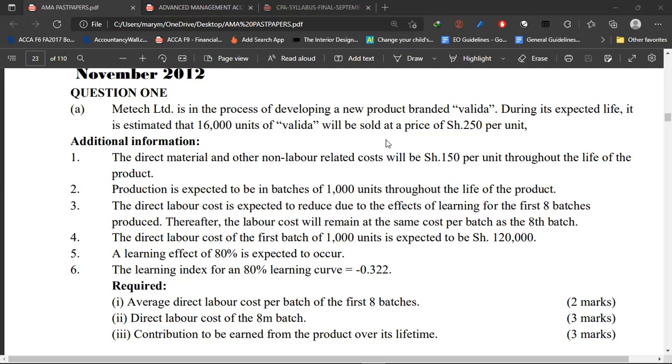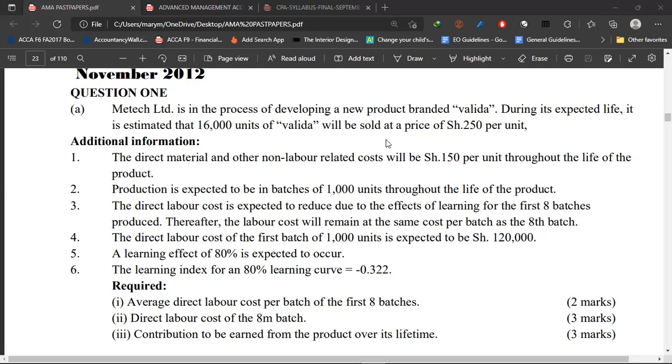The direct labor cost is expected to reduce due to the effects of learning for the first 8 batches produced. Thereafter, the labor cost will remain the same, at the same cost per batch as the 8th batch. The direct labor cost of the first batch of 1,000 units is expected to be 120,000.